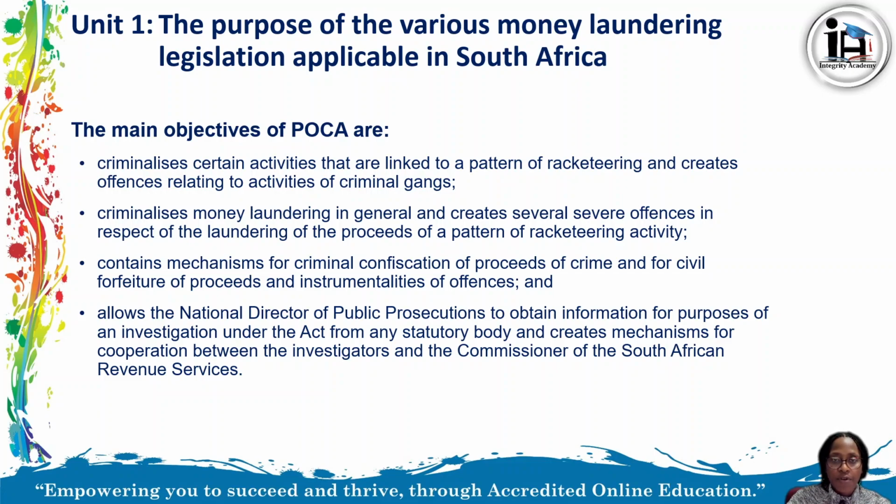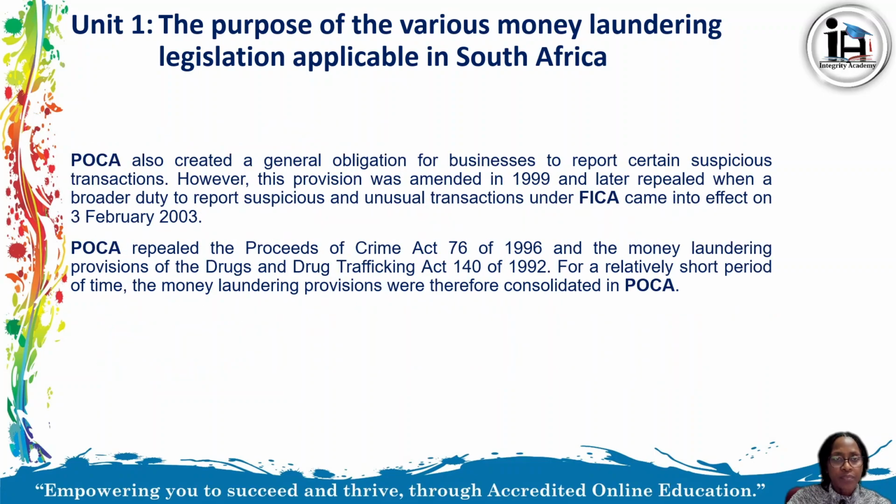It contains mechanisms for criminal confiscation of proceeds of crime and for civil forfeiture of proceeds and instrumentalities of offenses, and allows the National Director of Public Prosecutions to obtain information for purposes of an investigation under the Act from any statutory bodies, and creates mechanisms for cooperation between the investigators and the Commissioner of the South African Revenue Services.